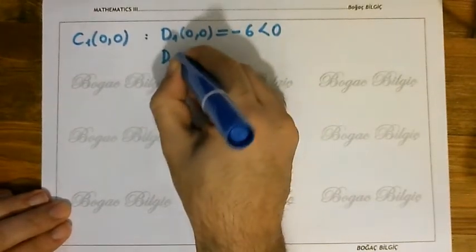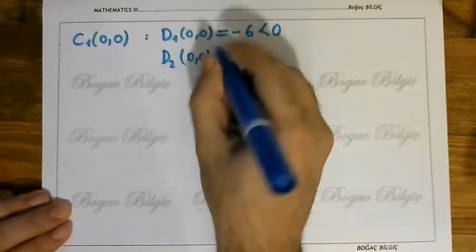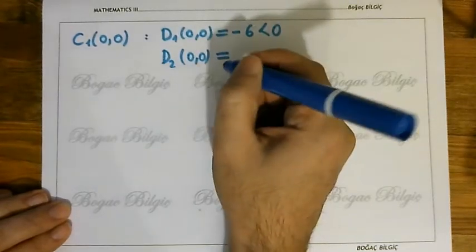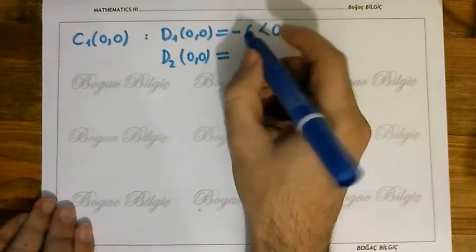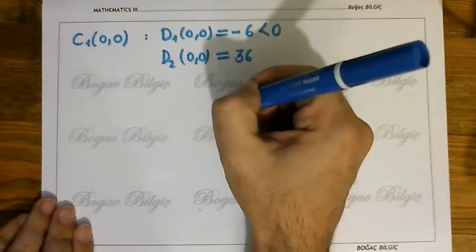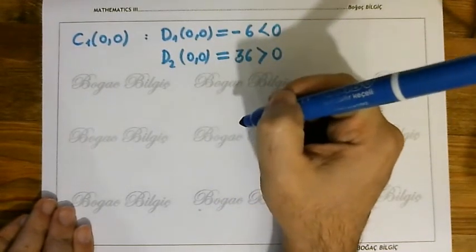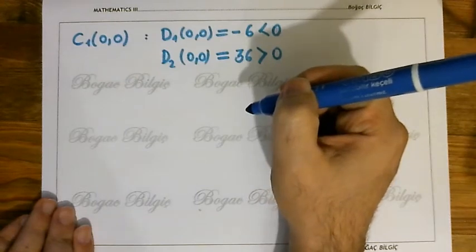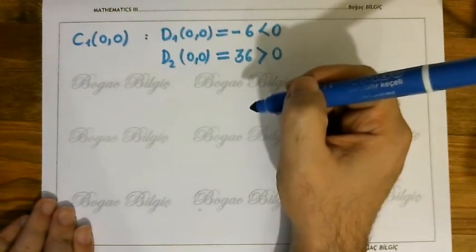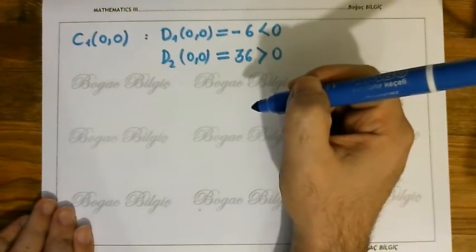D2(0, 0) is equal to 36, is bigger than 0, from which we deduce that C1 gives rise to a local maximum.